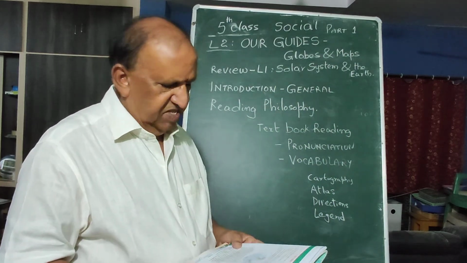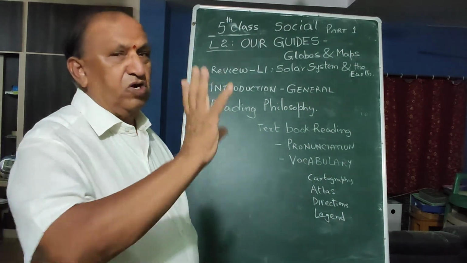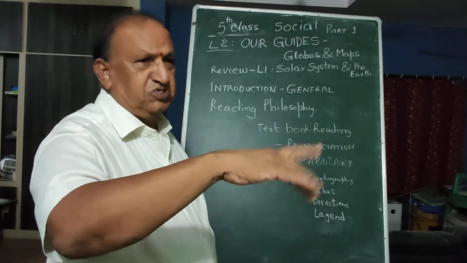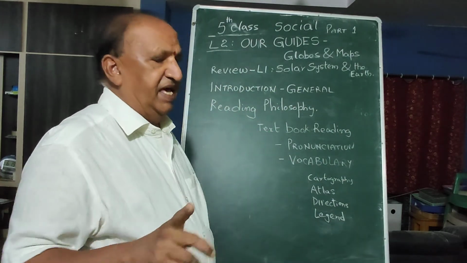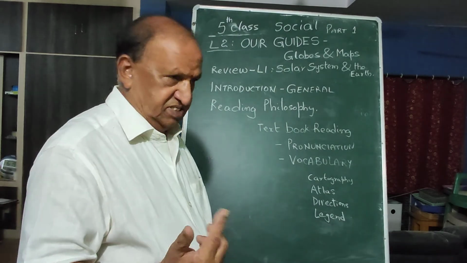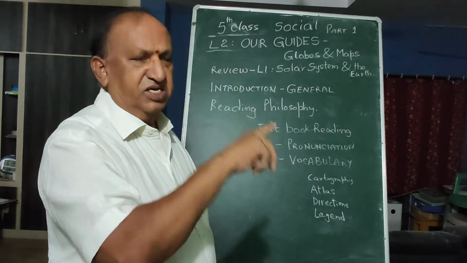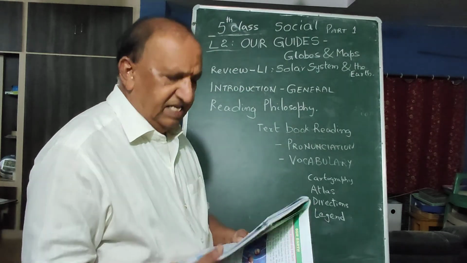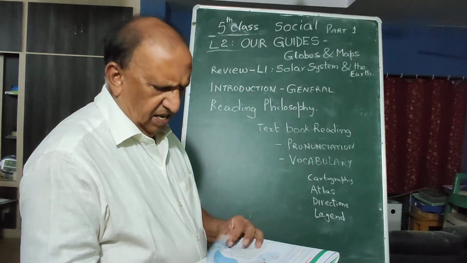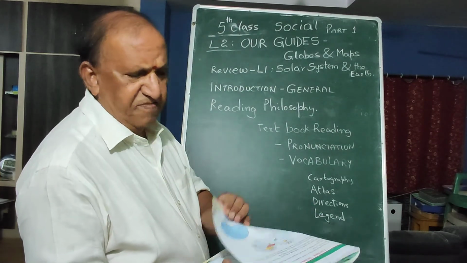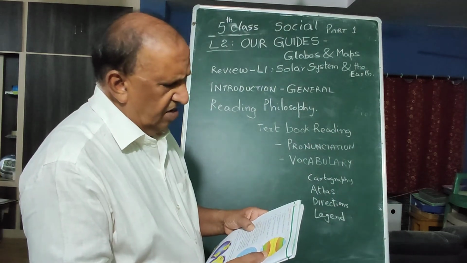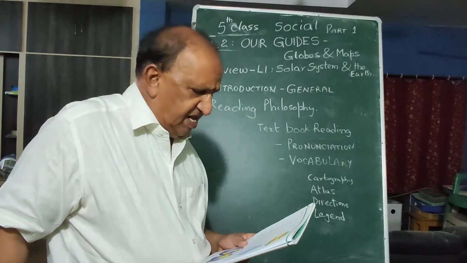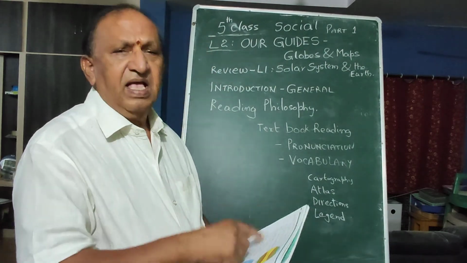In the case of the globe, the whole globe is divided into longitude and latitude. Longitudes and latitudes are imaginary lines going from north to south or east to west. Then you have the equator, the Tropic of Cancer, Tropic of Capricorn, at different angles.